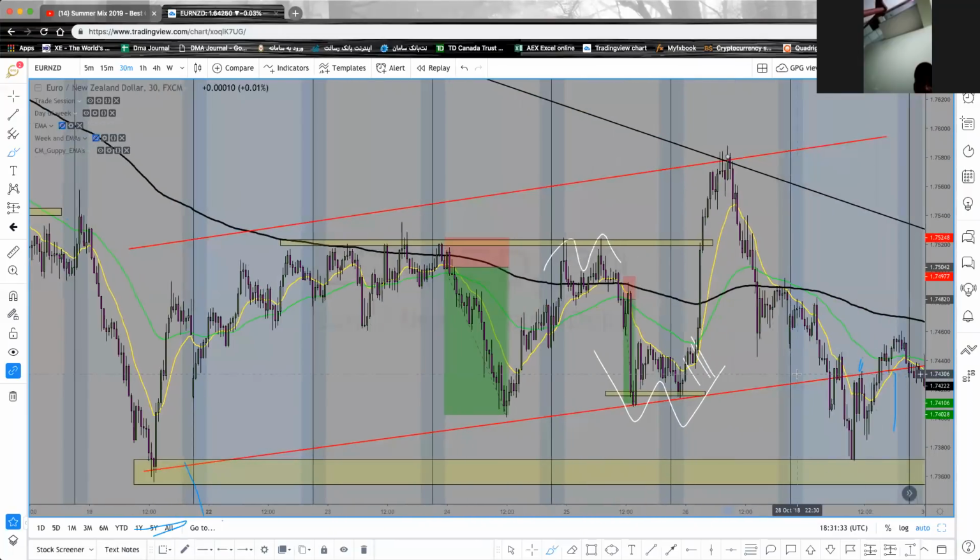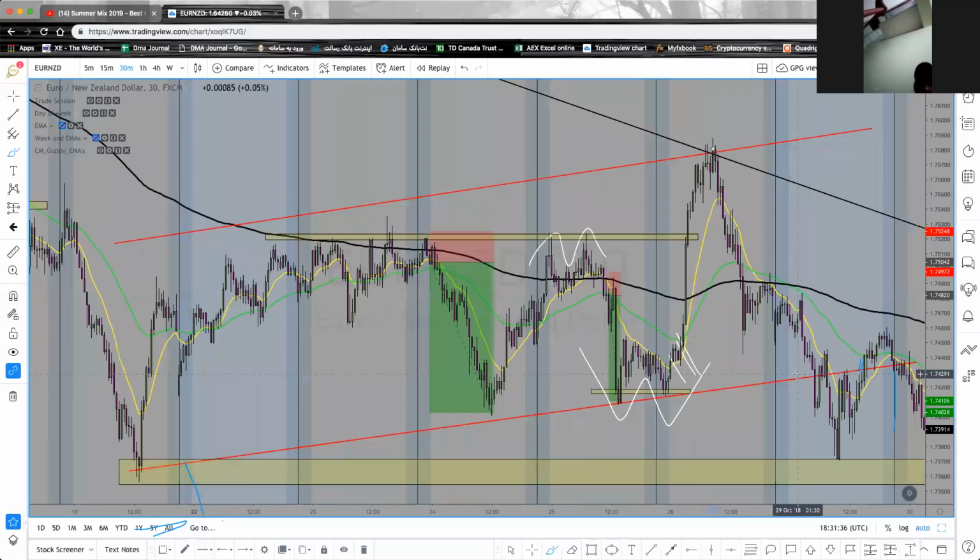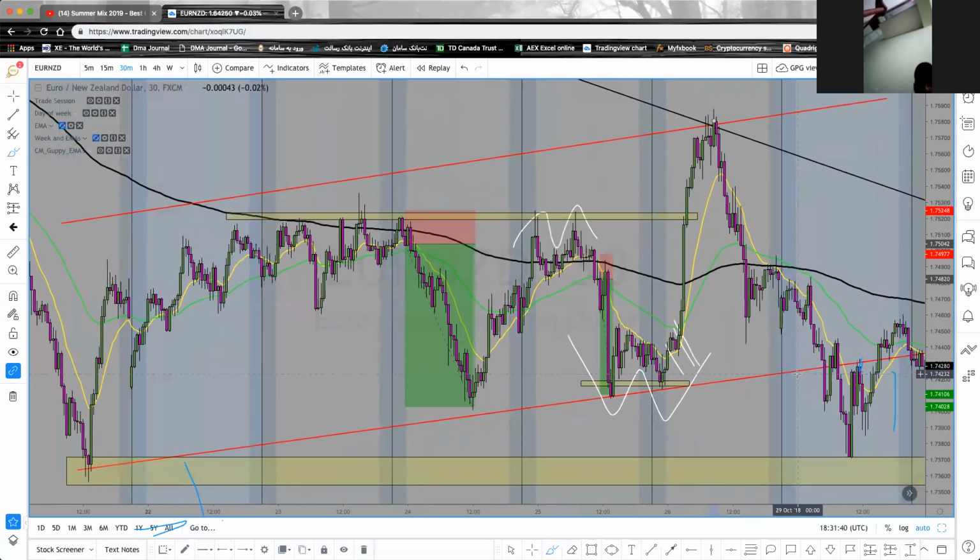Yes, it was a whipsaw, but you only understand it's a whipsaw after it happens. So this was a clear whipsaw, but you could have taken this W and taken it up here.